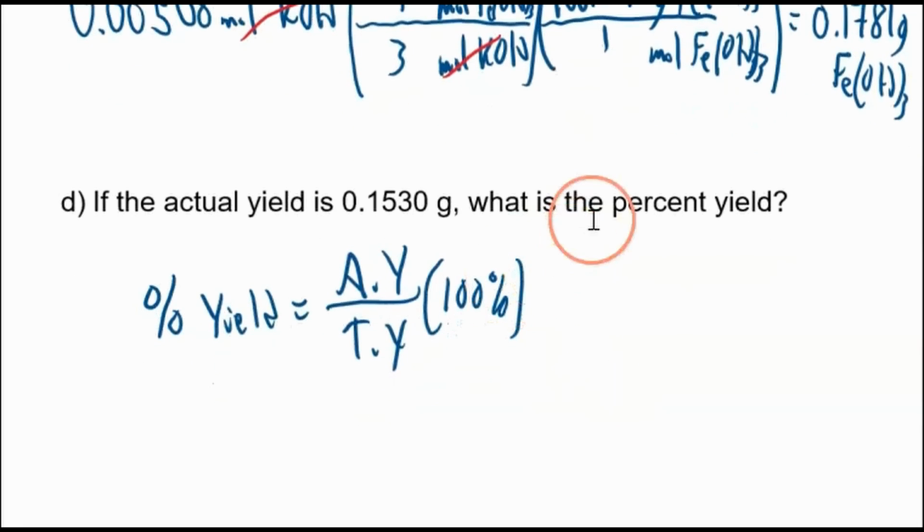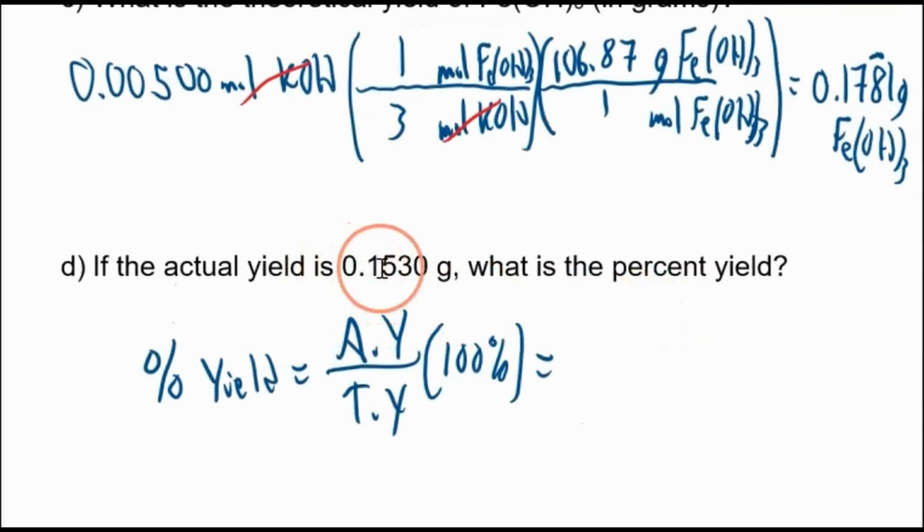We want the percent yield. The actual yield is this number here. You can't calculate this number. This number is obtained from experiment only. If we get the other two yields, we can calculate it, but you can't get this based on just theoretical math only.